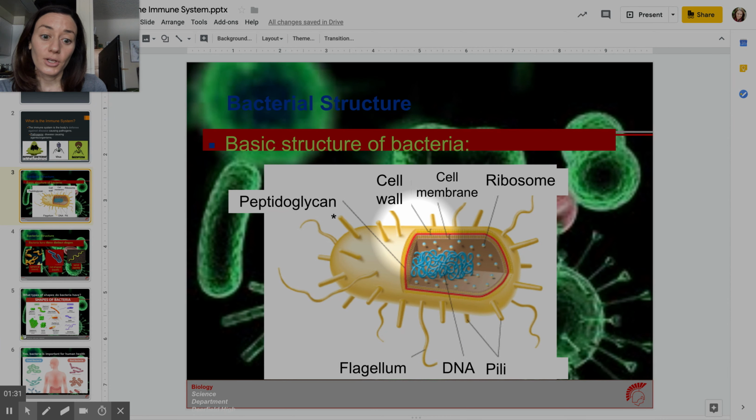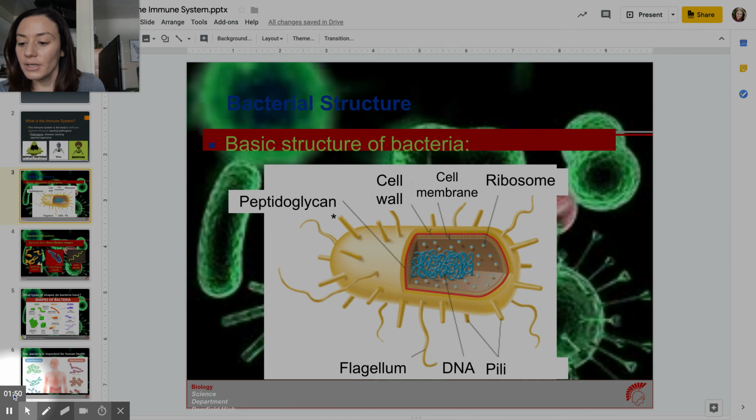Now, do eukaryotic cells, or your cells, have a cell wall? No, right? Plants and bacteria have cell walls. That's really important because of the way that antibiotics work.